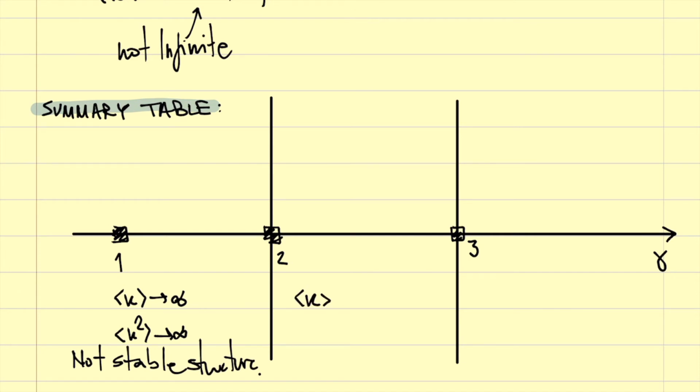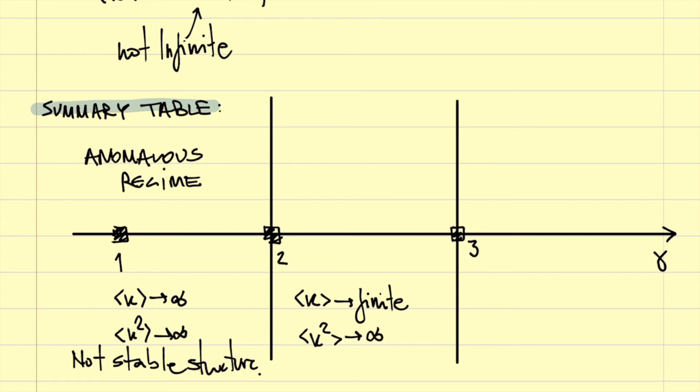So this is anomalous regime. Here, k is finite, when k squared tends to infinite. So the average path length, as we saw the other day, is the logarithm of n, which means we have a scale-free network.